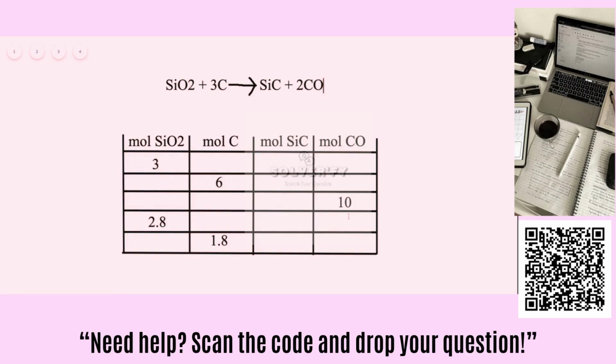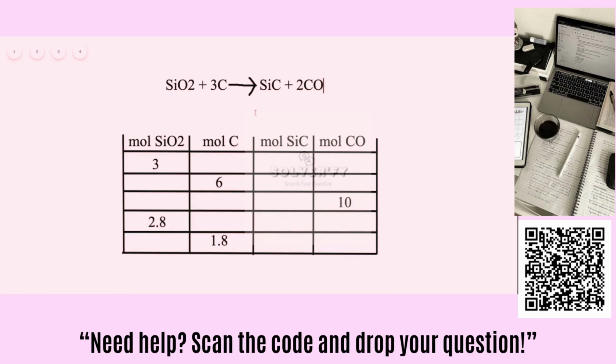And they want to assume that we are making this reaction as efficient as possible, meaning that we're not using excess reactants here. So, for example, if you wanted to make, for this third line, 10 moles of carbon monoxide, you could just dump in 100 moles of all of this, but that would not be as efficient.